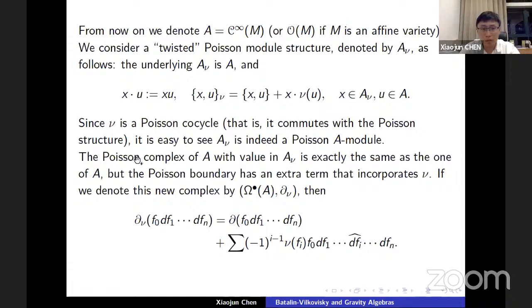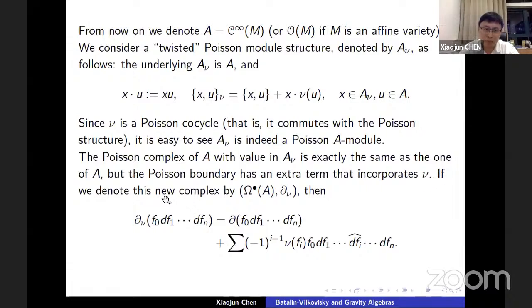So the Poisson complex with values in A_nu has the same underlying space as before. But the boundary now changes. It has an extra term which incorporates nu.